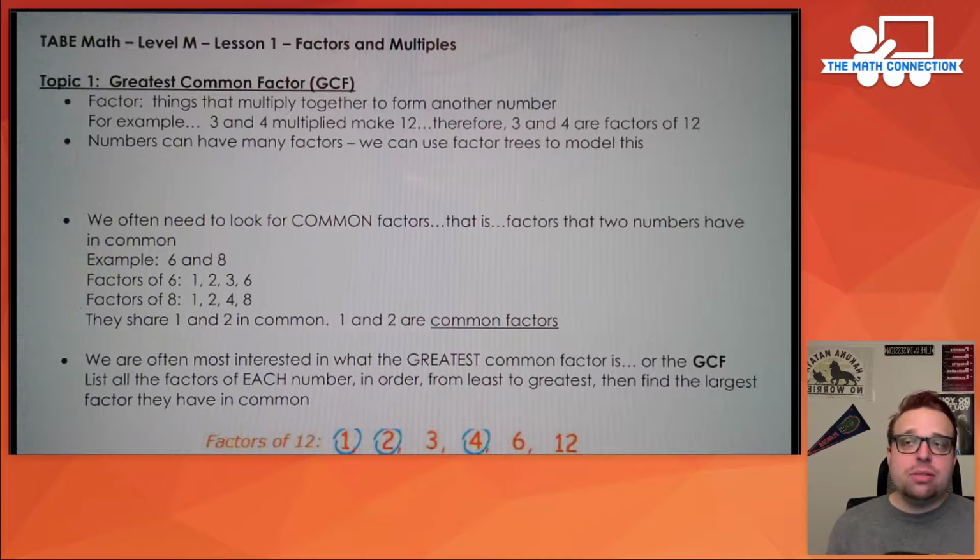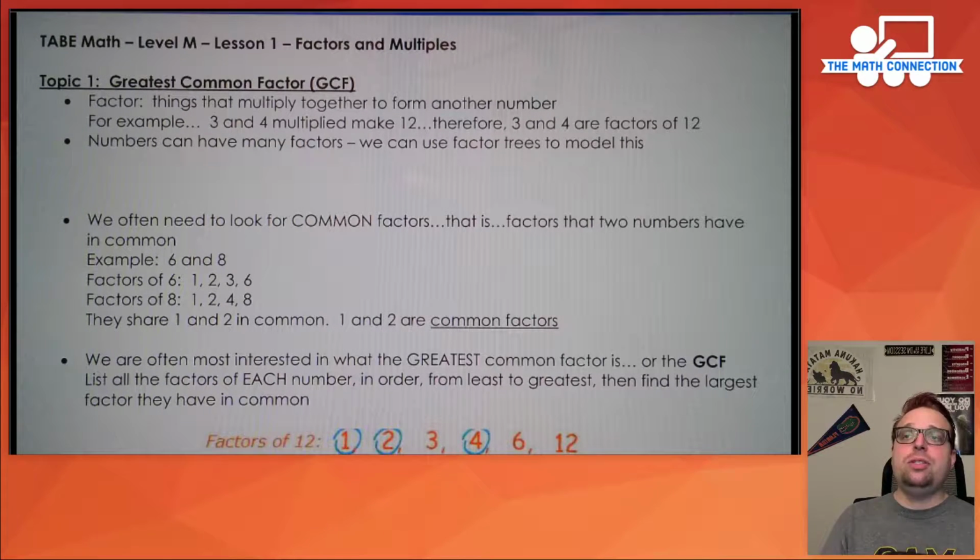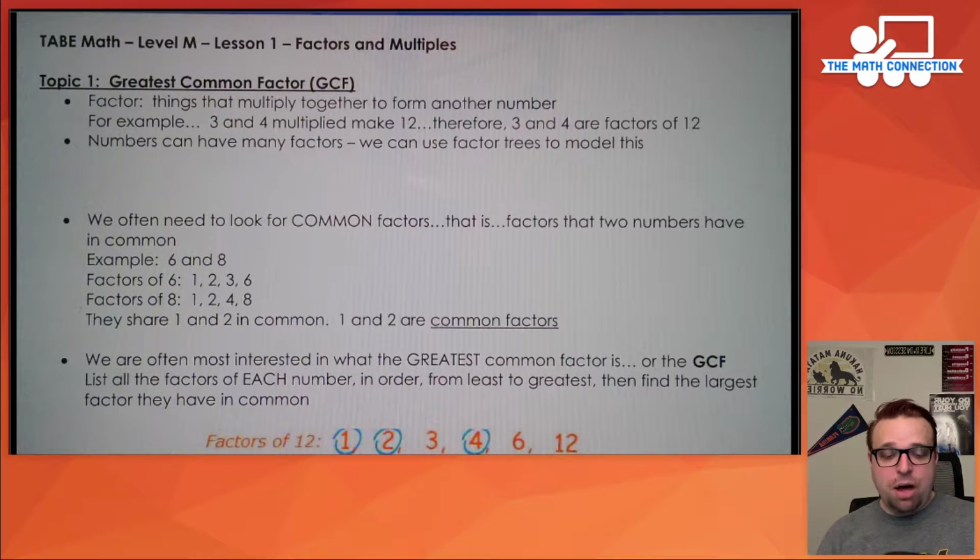Now, numbers can have many different factors. It's not just one or two numbers. In fact, the larger the number gets, the more factors there are underneath it that will multiply to make that number. We can represent this using factor trees. It's just how I always do it. I'll use 12, the one we just said, as an example.